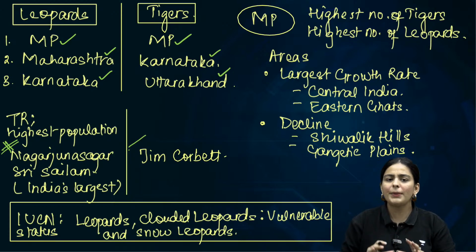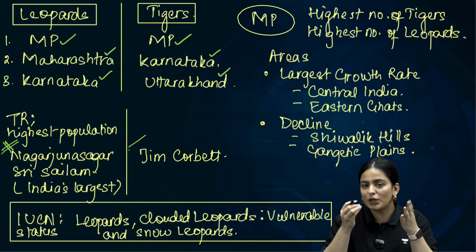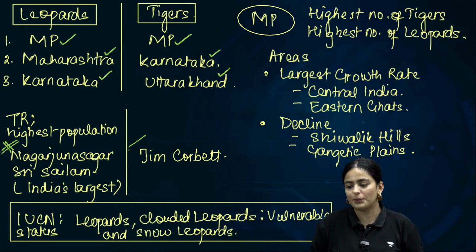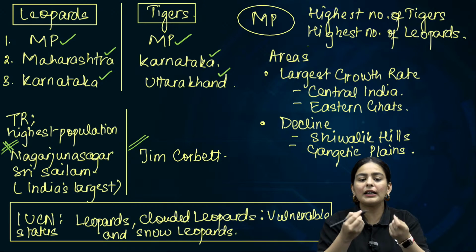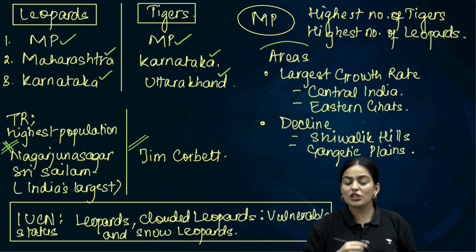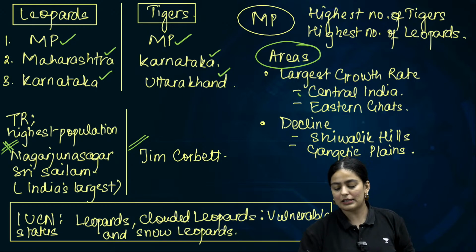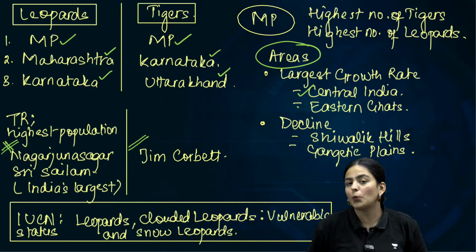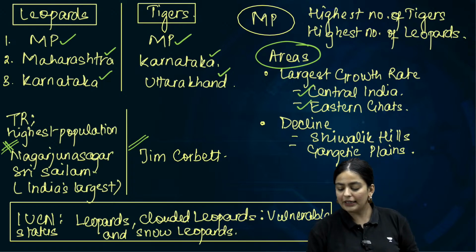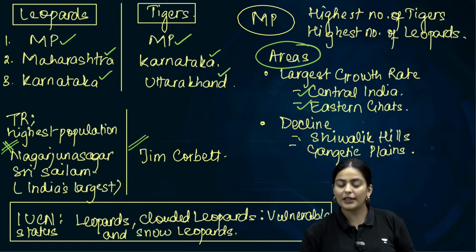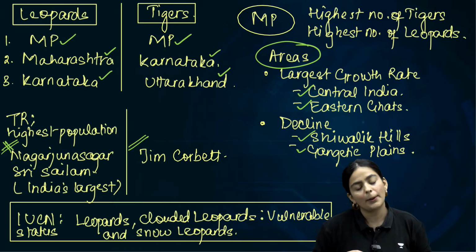So this is a quick comparison. It will help you revise, which is the objective of Conquer Prelims. Clear about this? So when you're talking about an area related trend, the largest growth has been seen in central India and in Eastern Ghats. Do not confuse it with Western Ghats. The decline has happened in the Shivalik Hills region and the Gangetic Plains or the Gangetic Belt.